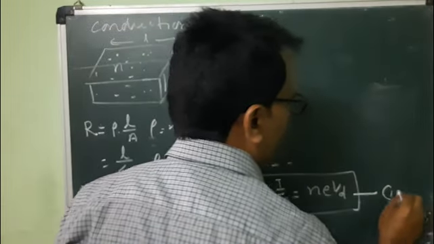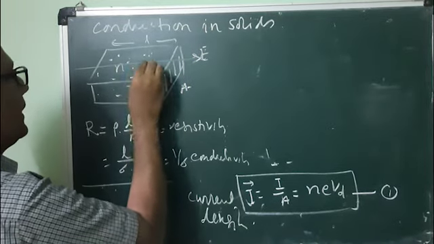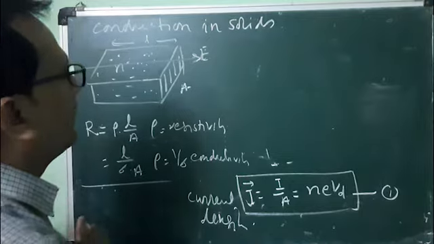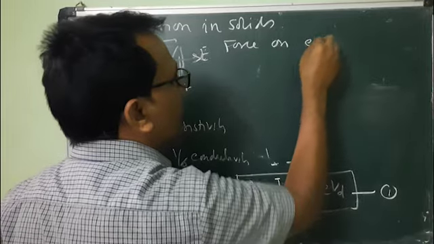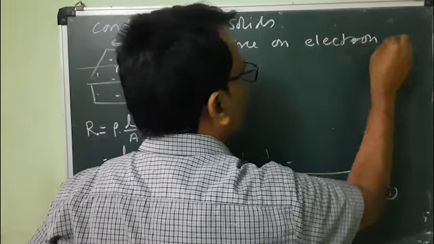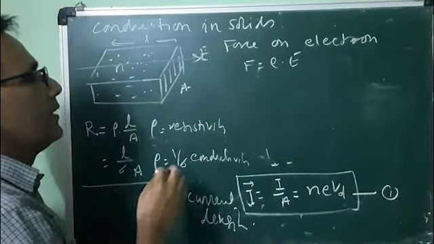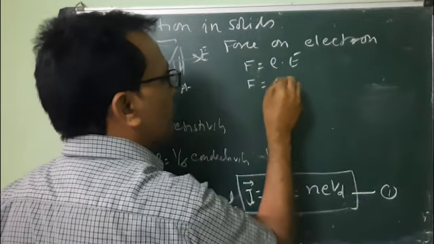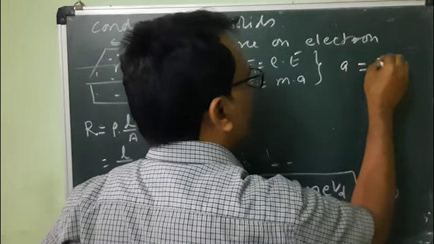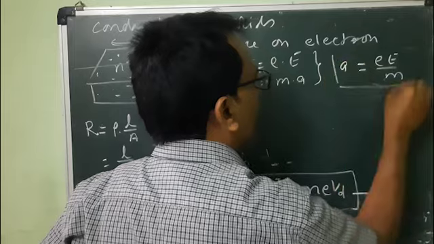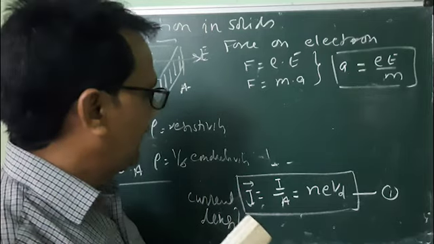When we apply the electric field intensity E, a force will be applied on the electrons. The force on a single electron is F = e multiplied by E, with direction opposite to that field, and one can balance this by the Newtonian formula, mass multiplied by a. Using these two, the acceleration a is equal to eE by m, which is the acceleration of a single electron placed in the electric field E.